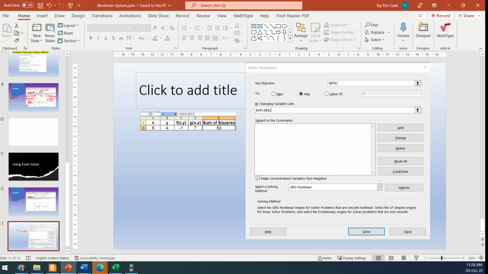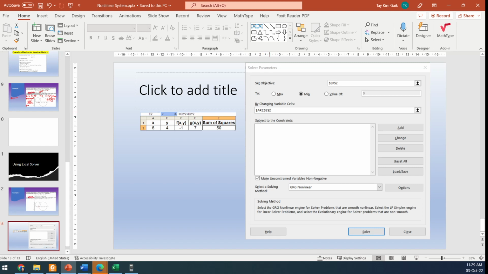But this one, the cell is E2. So $E$2, delete the hash there. $E$2. By changing the cells $A$2 to $B$2. The hash symbol you delete, I typed it wrongly. $A$2. The dollar means they fix at the cell A2.